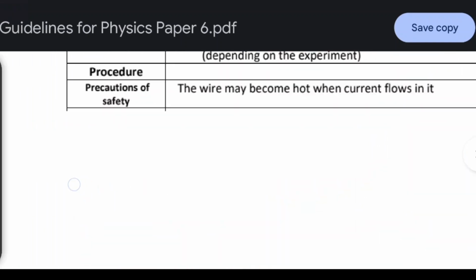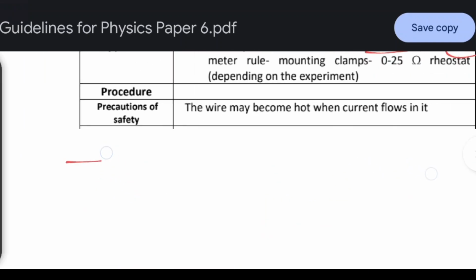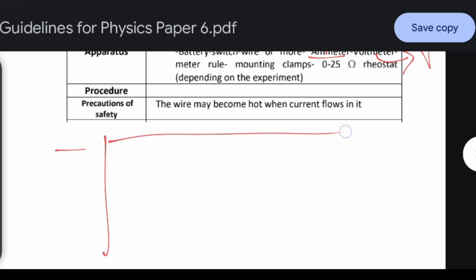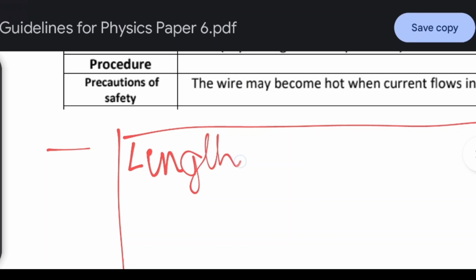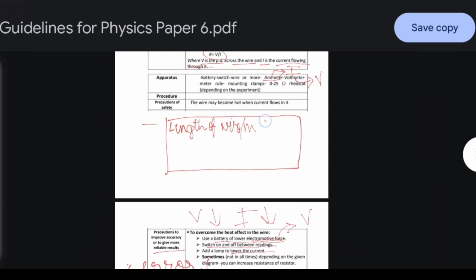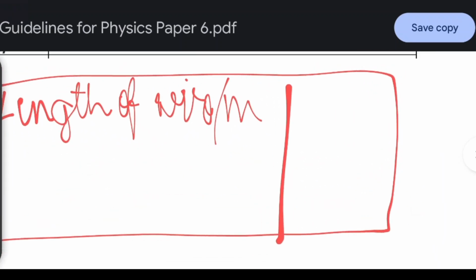I hope you all got it. And then you can also say how you're going to draw the table. You will take length of wire per meter. Draw it neatly, all right? Then draw the rule. Voltage, you write voltage per volt.